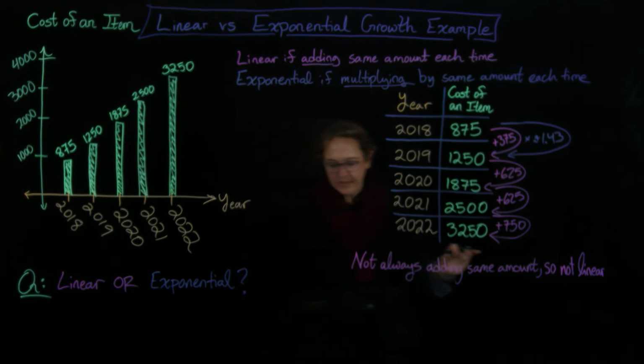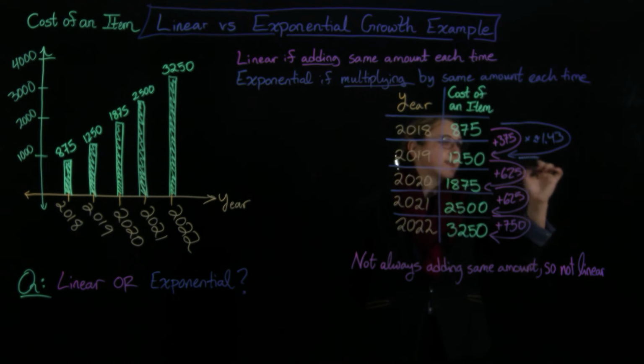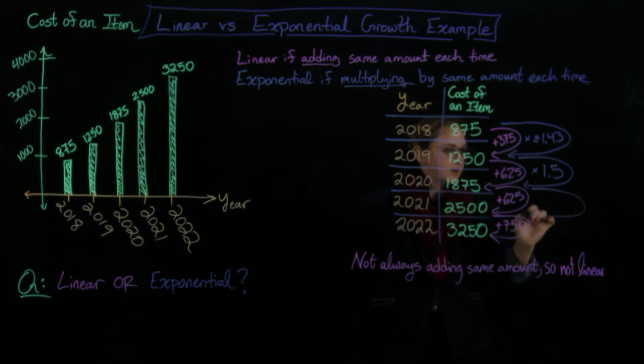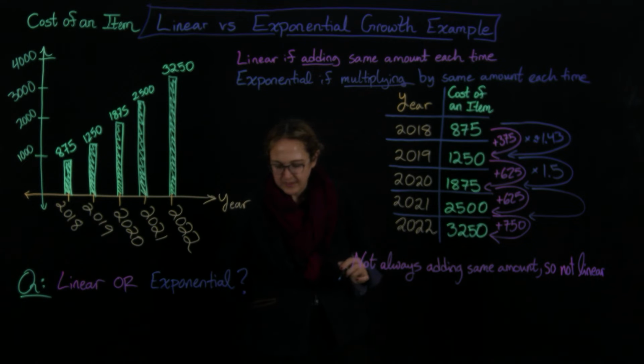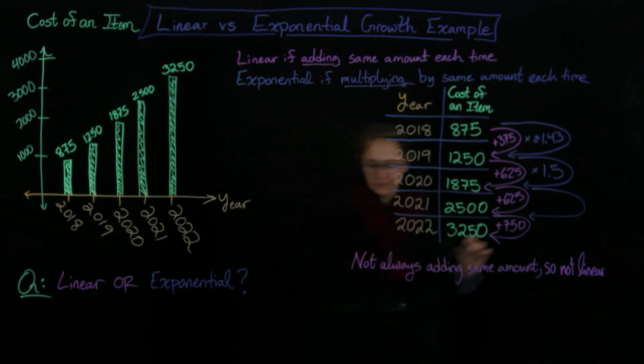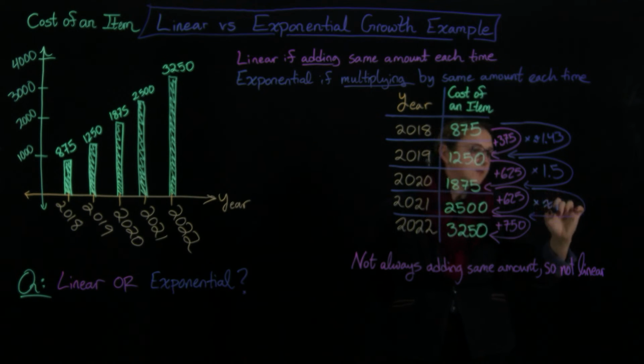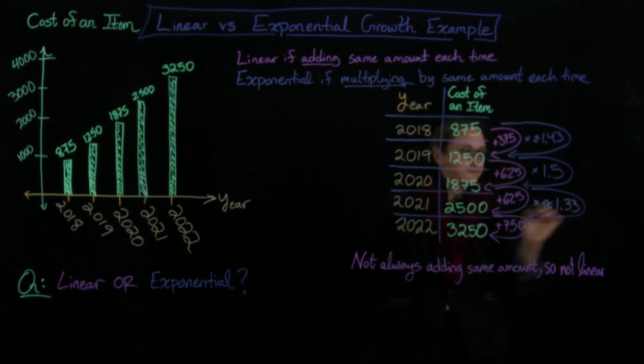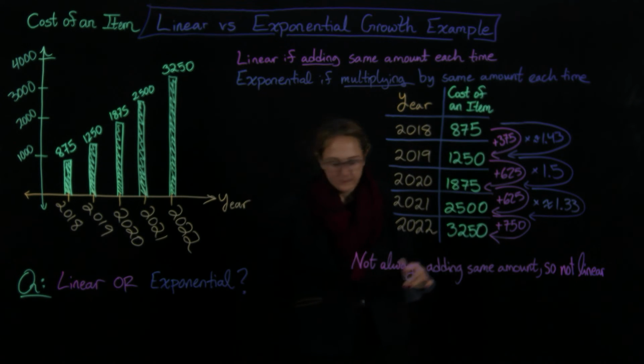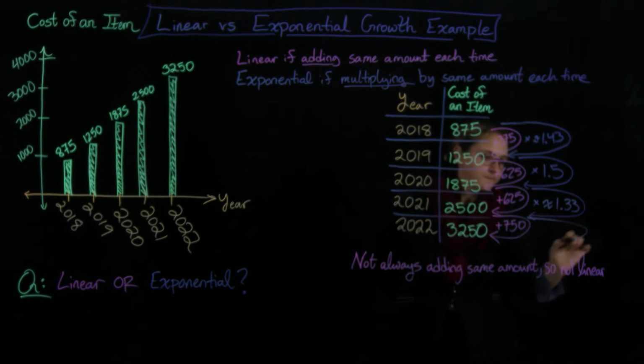And the next one, I'm multiplying by 1.5. And then in the next one, I am multiplying by approximately 1.33. And then the last one by 1.3.